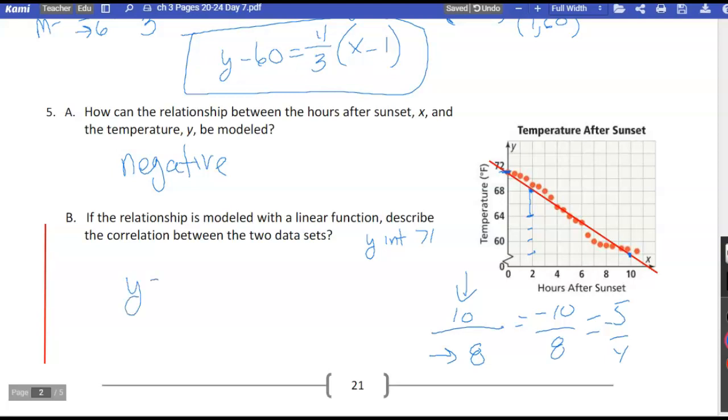So if I wrote this in slope intercept form, so we got y equals mx plus b. This is my b right here because that's my y-intercept. So I have y equals negative 5/4 x plus 71.